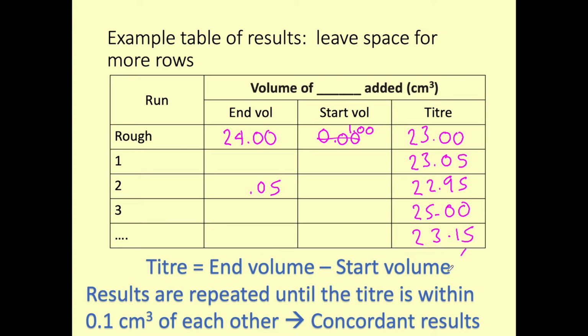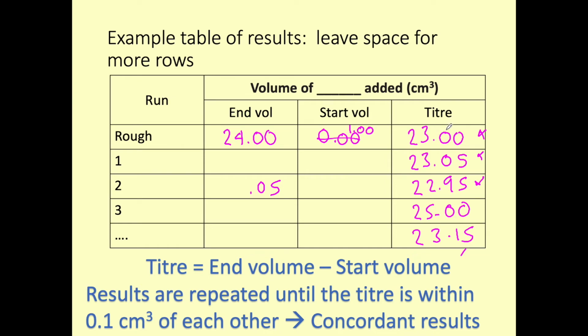So of these results, we need to look at the results that are within 0.1 centimetre cubed of each other. And so here there are 3 results that are within 0.1 centimetre cubed of each other, and therefore we're going to use these 3 to calculate our mean average.